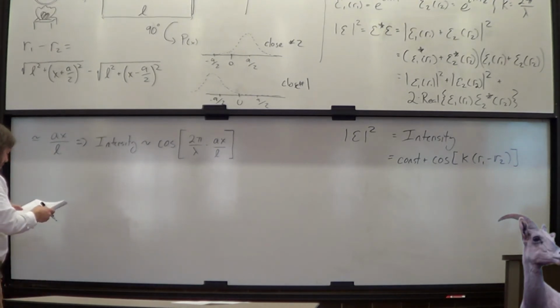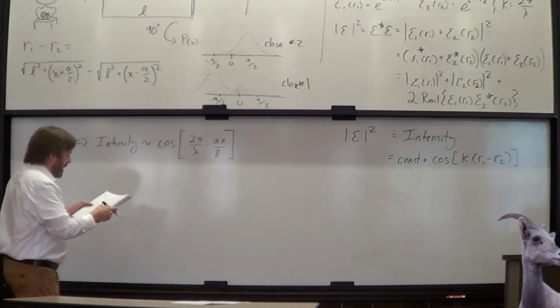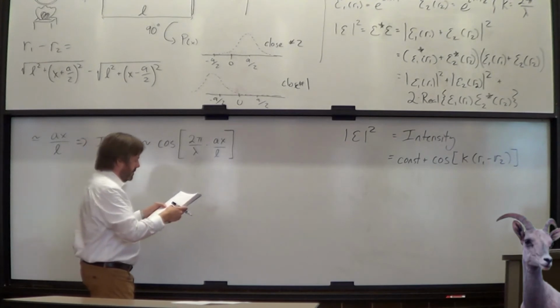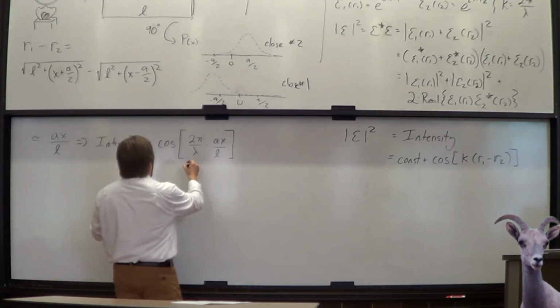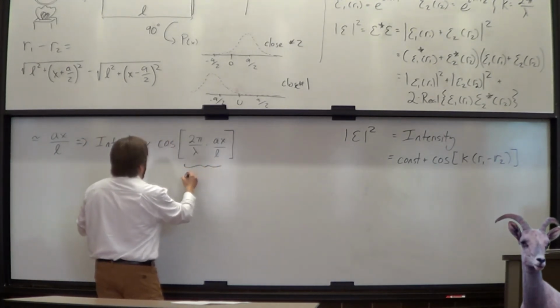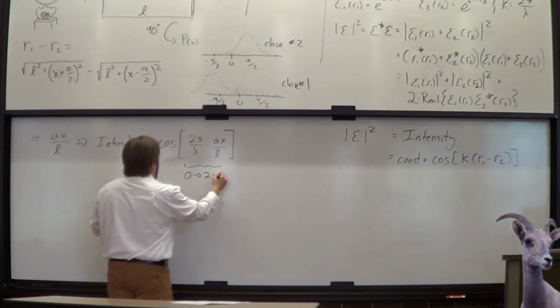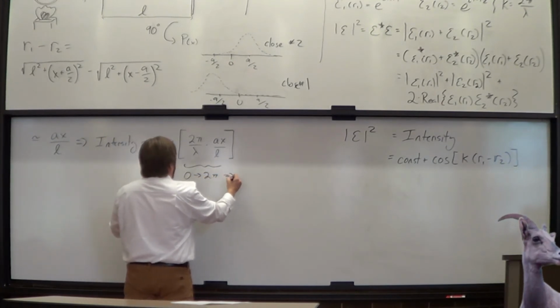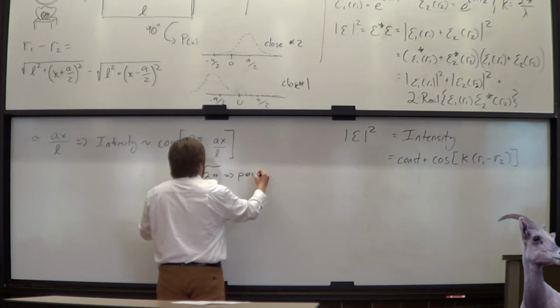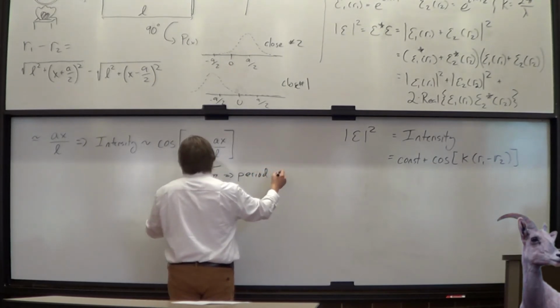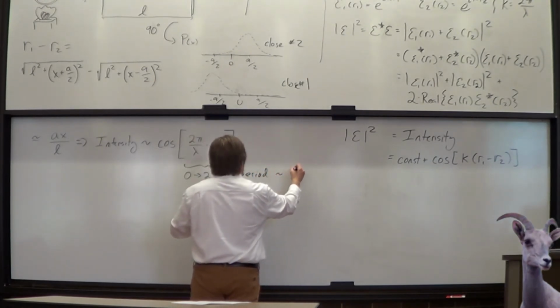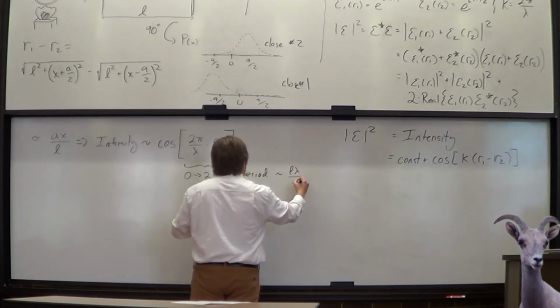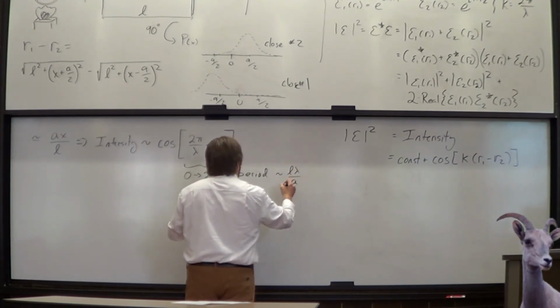Okay, so it's periodic. From the periodicity, you always figure out where you go from 0 to 2 pi, and that's the periodicity. So therefore, the periodicity is L lambda over the slit distance.